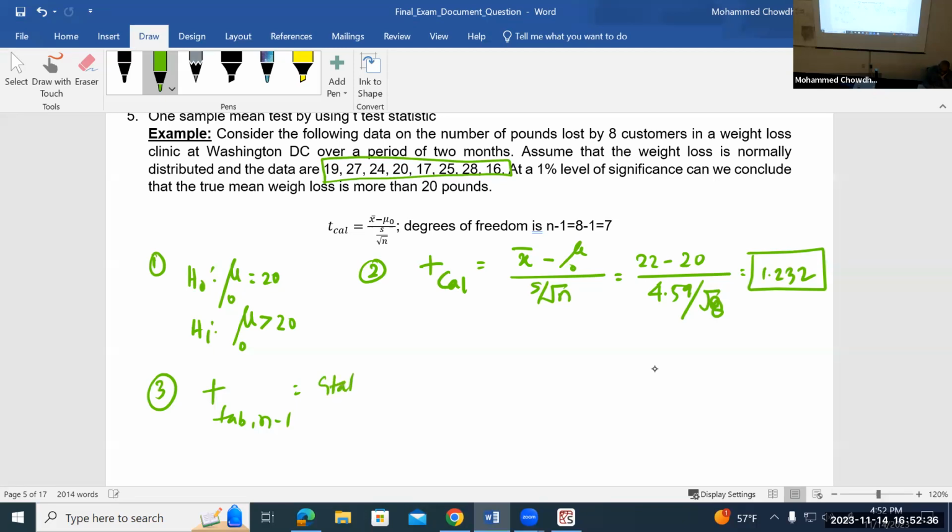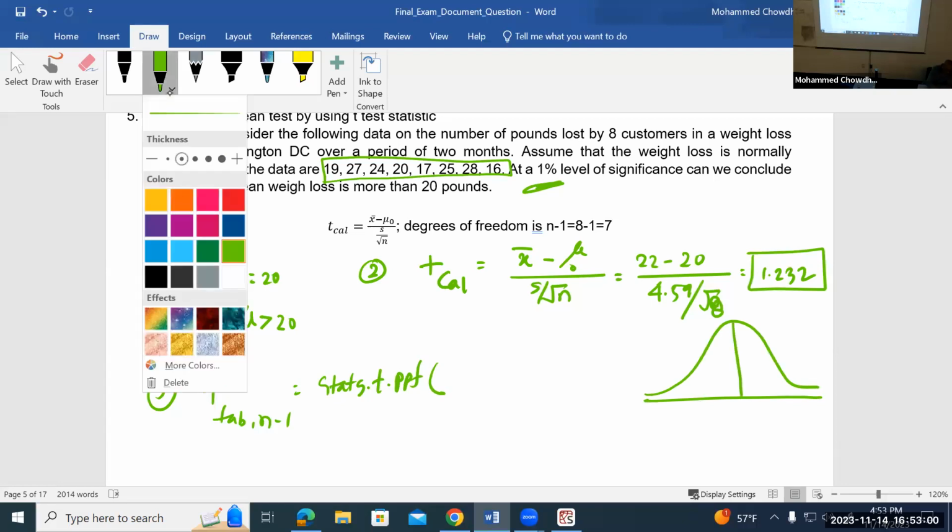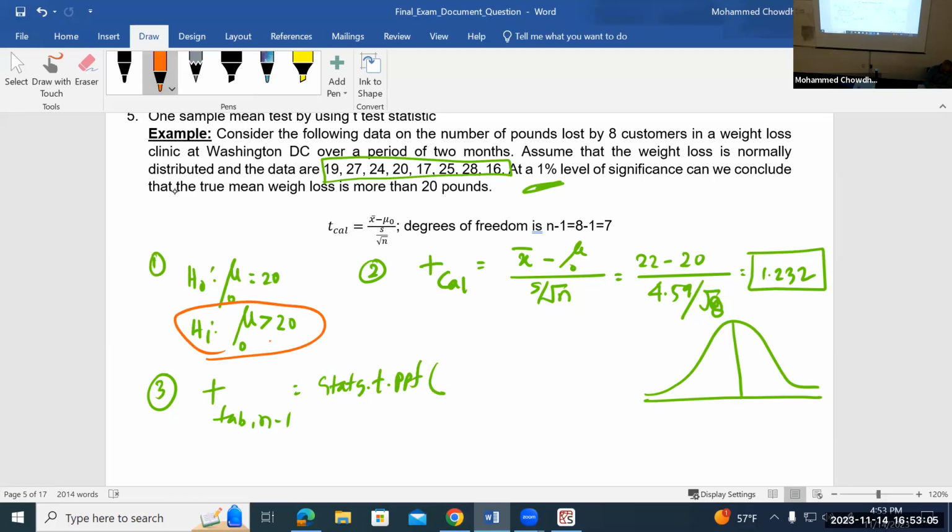Now, how can I compute this? Again, stats, and then it is called t.ppf. They said 1% level of significance, right? Now you focus on how to put 1%. This is right-sided, so all 1% will go in there, because this is greater than, so this is equal to 0.01.